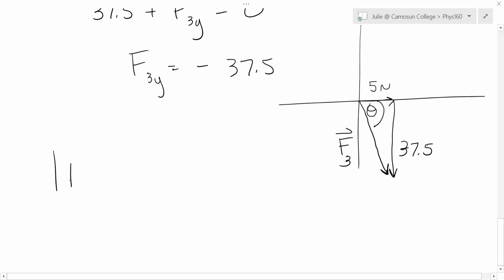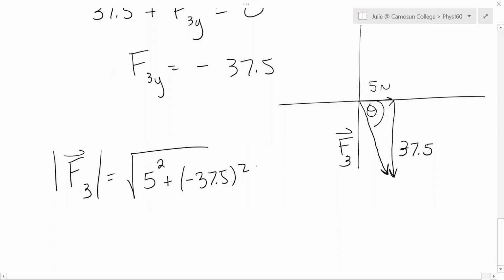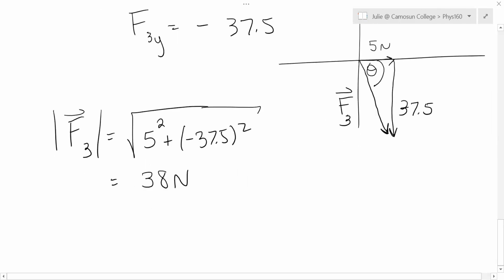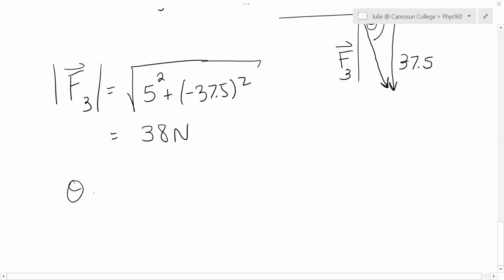Okay, so magnitude of F3, square root of 5 squared plus negative 37.5 squared gives us 38 newtons. And the angle would be the arctan of y over x, 37.5 over 5.